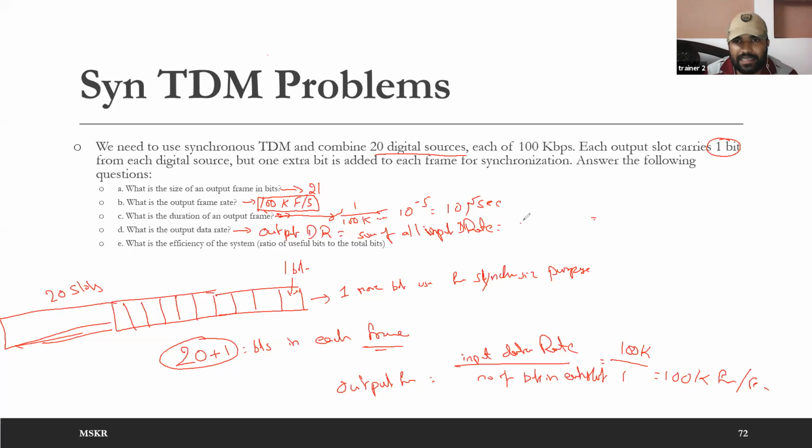The answer would normally be 20 into 100 kbps, but remember we have one more bit extra in each frame.